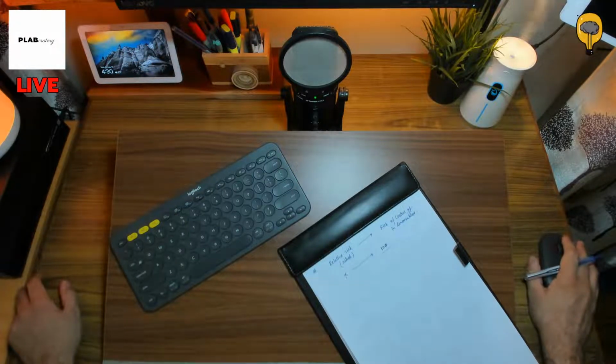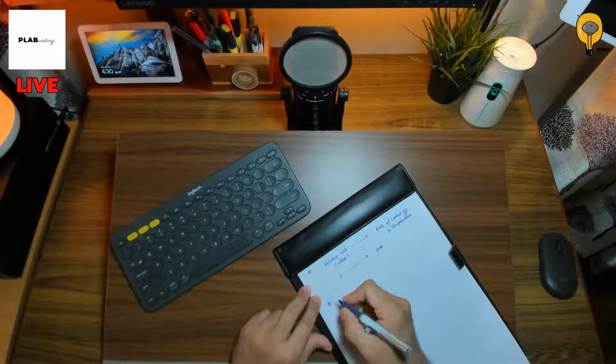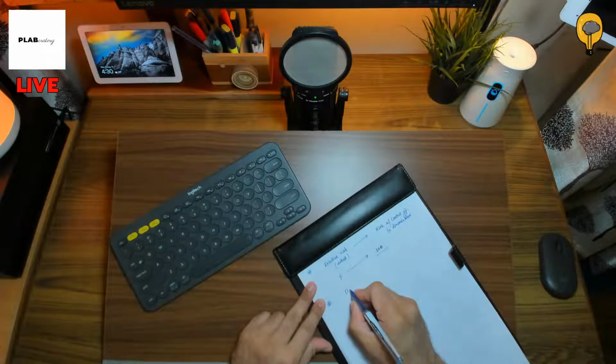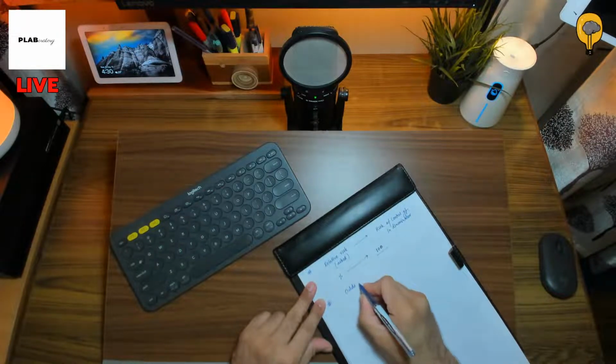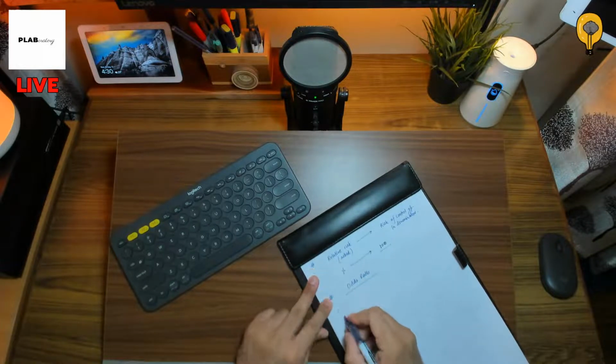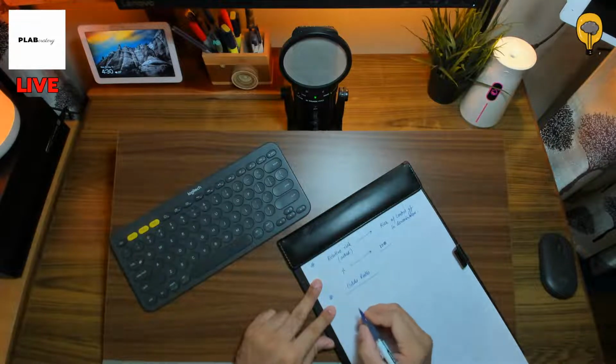So for odds ratio, let's go into a little detail about odds ratio. It is defined as the probability an event will occur over the probability that it will not.